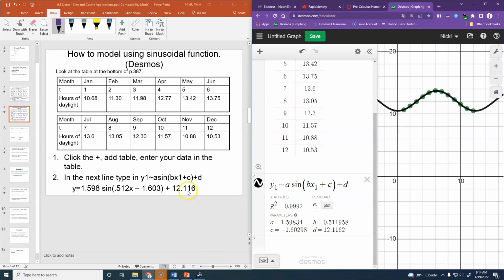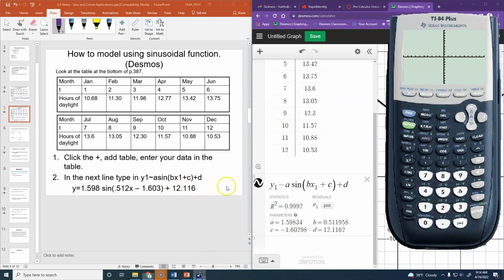And all of our rounded values on this match our calculator values, I'm pretty sure. But you can see right here, like for this B, I'm getting 0.511958, and right here I got 0.511969.